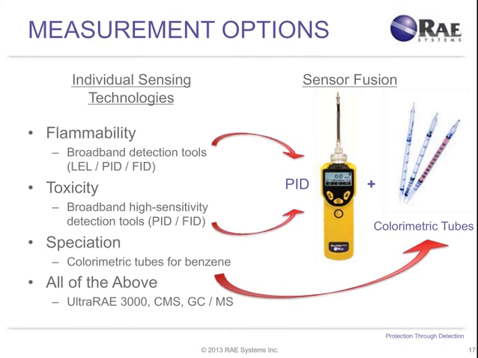And in some cases, our customers are creative and resourceful enough to limit the arsenal of portable detection tools to just a PID to make decisions on the benzene concentrations. For example, if you know that you have a release at a particular unit and you have a mix of volatile organic compounds, such as gasoline, for example, which is a mix of different chemicals, right?